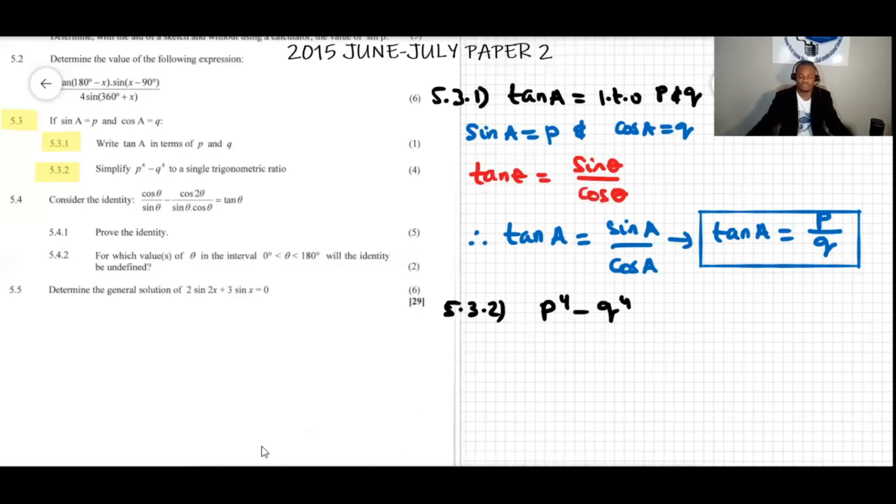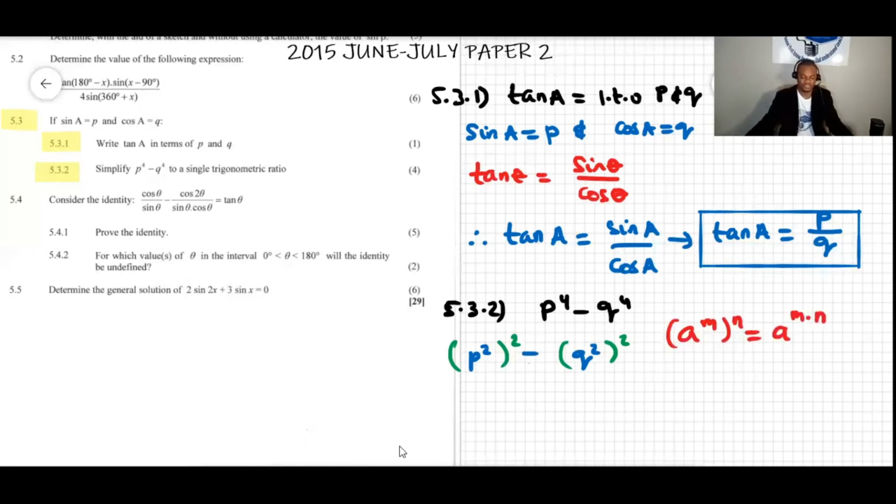There's a property that we call the difference between two squares. So I can write P to the power 4 like P squared to the power of 2 minus Q squared to the power of 2, because the law of exponents says that a to the power of m, all to the power of n is equivalent to a to the power of m times n.